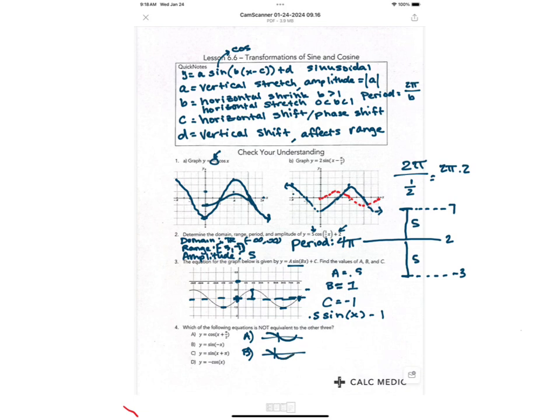Still looks like this. C says take your sine curve and scoot it a whole pi. Instead of going through here, it's going to go through here.